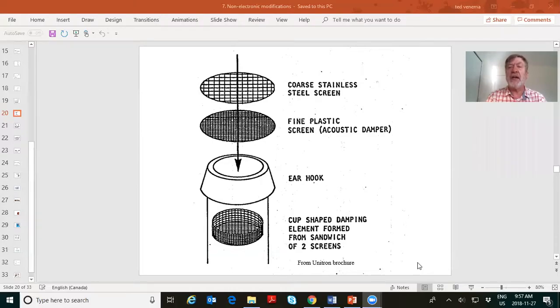So let's look at filters now. Filters in a hearing aid are tiny screens, and they provide resistance, not opposition due to mass, not opposition due to stiffness. So they are going to provide equal resistance for all frequencies.